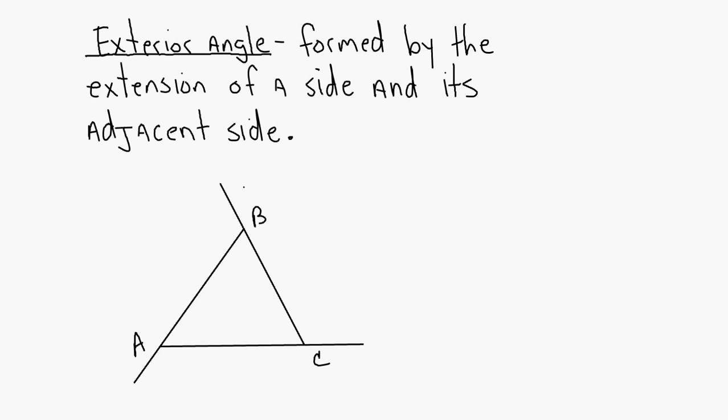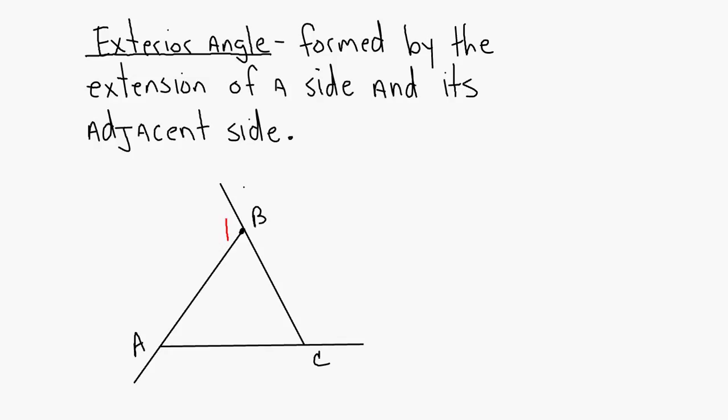If you look at this vertex B right here, okay? We've extended side CB and its adjacent side. We'll call this right here angle 1. All right?